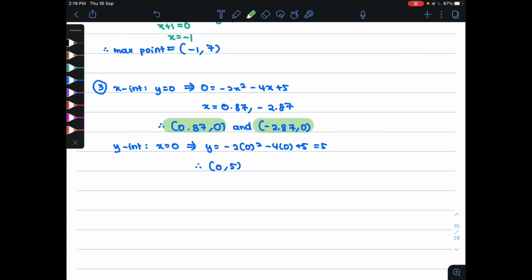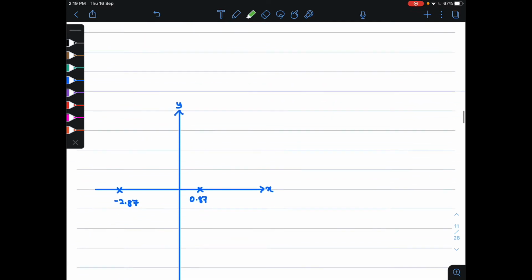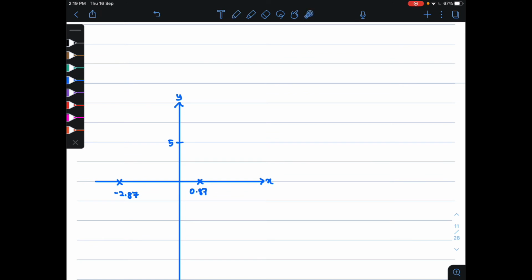The next one is 0, 5. So that's the y-intercept. So this means that our function should touch all these x and y intercept.